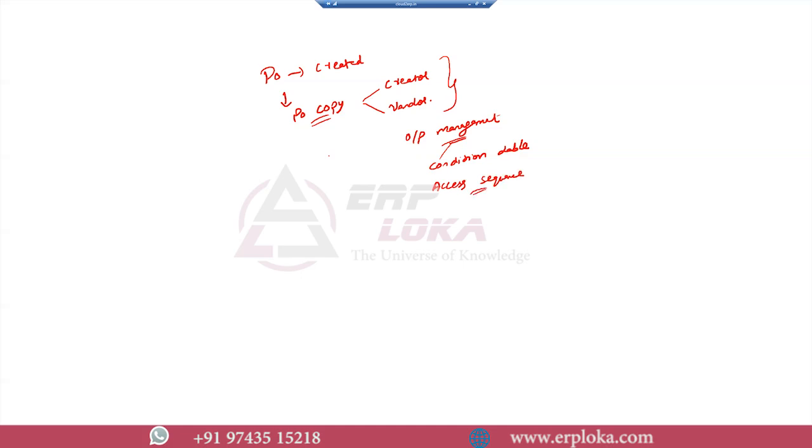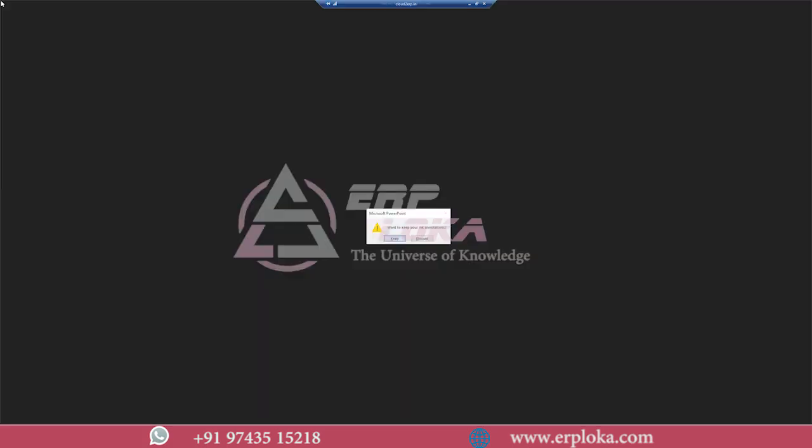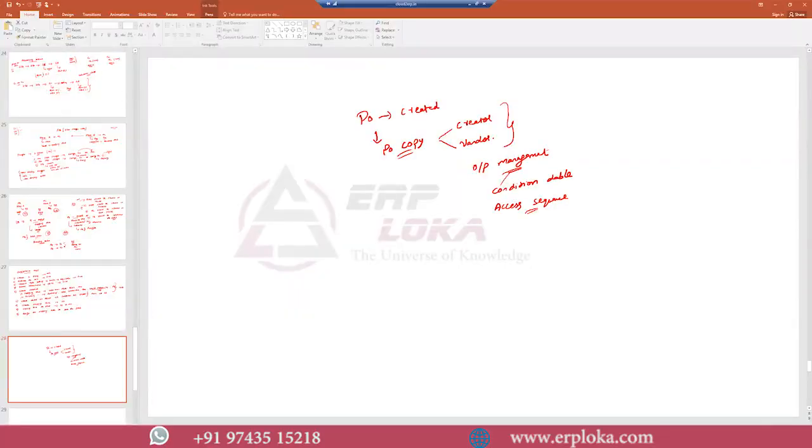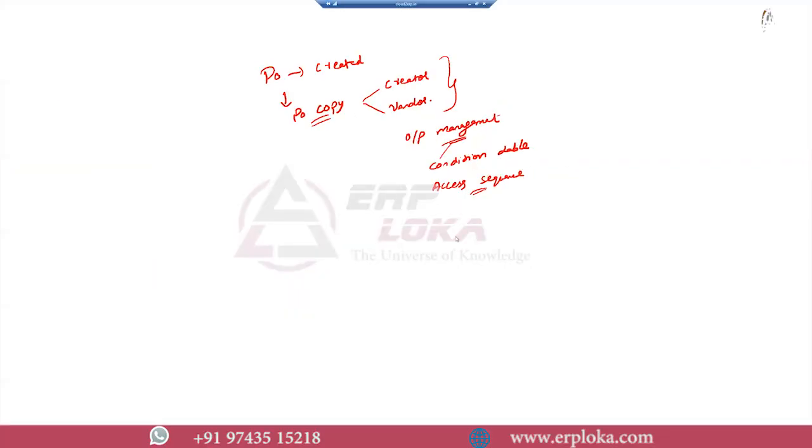If you don't create the access sequence in the system, the output will not get triggered automatically. So you need to maintain the access sequence. Once you maintain it, based on the criteria you maintain in the condition table, the data will get picked and the output will get generated. So that is the reason you need to maintain the access sequence.